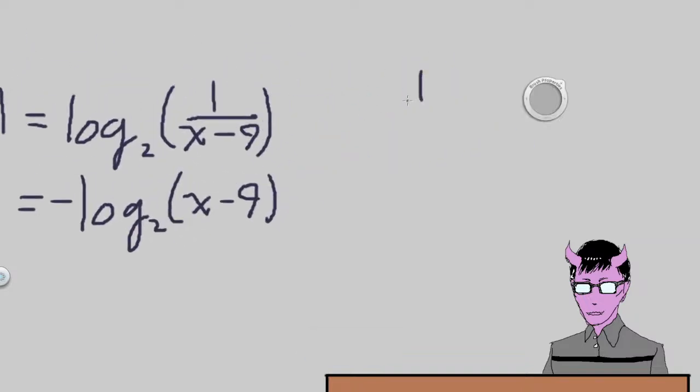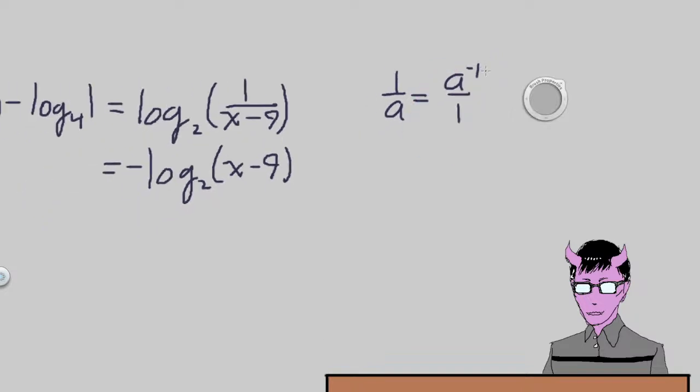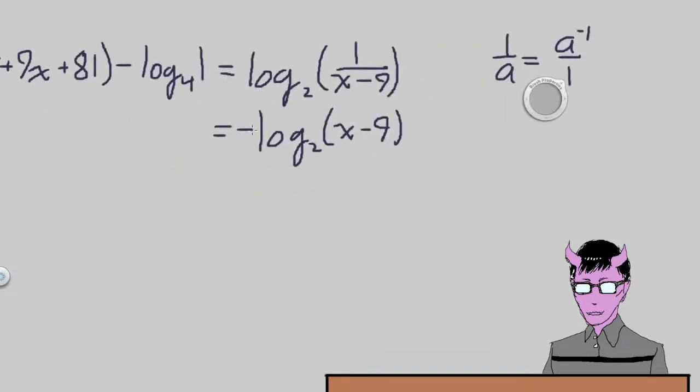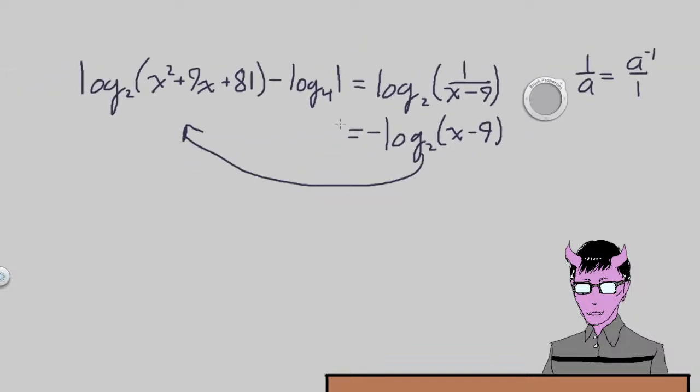This basically is just 1 over a, which I don't like, so I changed it by sending it across the fraction bar, thereby becoming a to the power of negative 1. And because there was a negative 1 exponent, we took that and slam dunked it down in the front. So that's gone, and it's right here. Which means we could just simply add it over to the other side, and add that one over to that side.